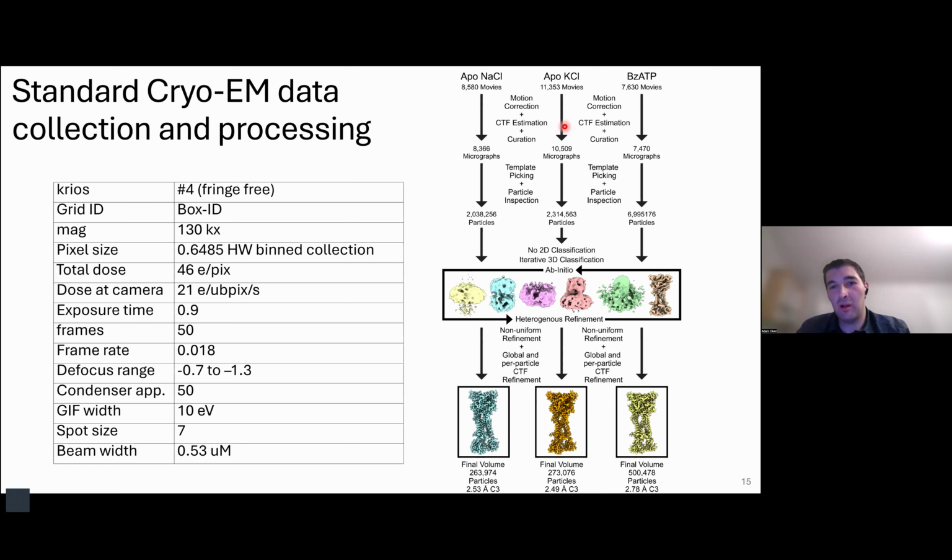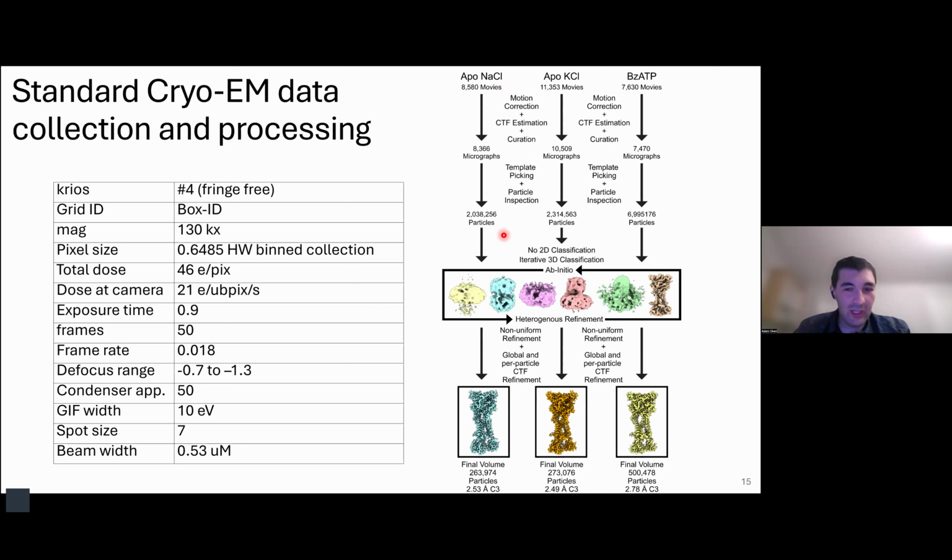And then processing wise, we do mostly standard techniques where we start with motion correction and CTF estimation, micrograph curation. We prefer template picking using templates generated from a 3D volume of a P2X receptor.